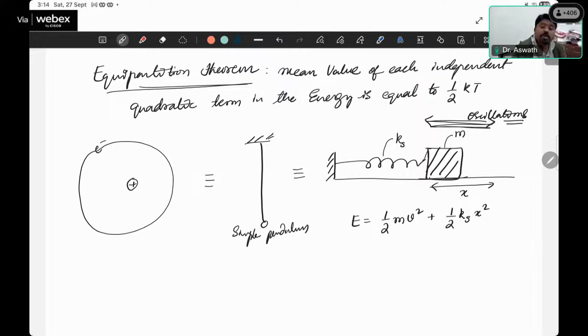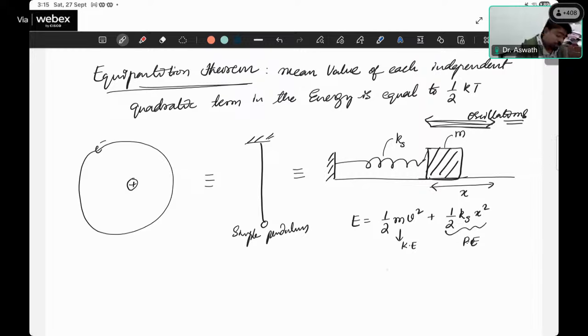Half kx square is the potential energy, and this is the kinetic energy. You can ask me, how did you get half kx square as the potential energy? Of course, you can derive that. When you stretch it, it induces a restoring force onto the system.